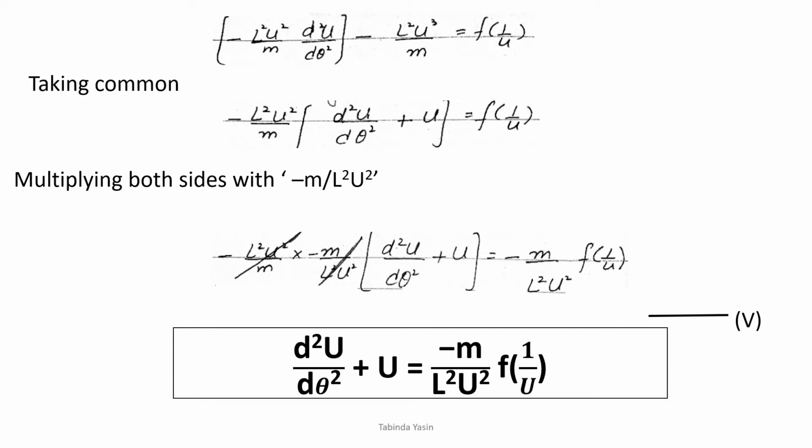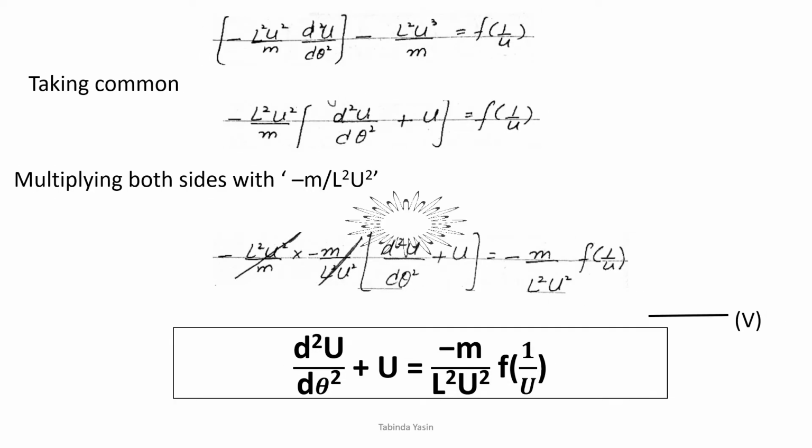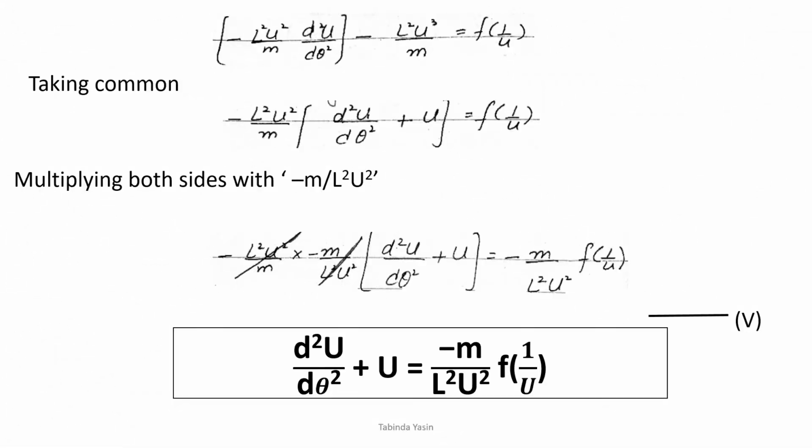So we have minus L square u square over m cross minus m over L square u square into d square u over d theta square plus u, bracket close, is equal to minus m over L square u square into f of 1 over u, cancelling minus L square u square over m with minus m over L square u square.